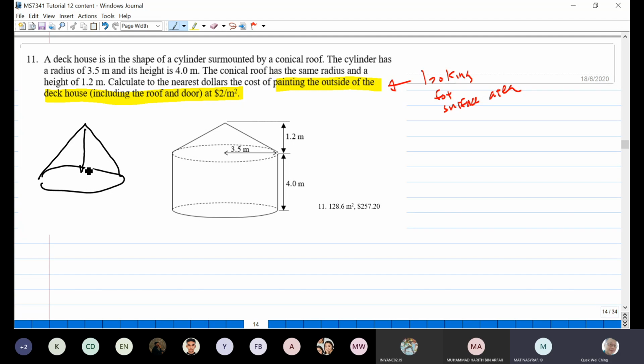The height is 1.2. The radius is 3.5. This is the slant height here. So r equals 3.5, h equals 1.2, and this one is called l, the slant height.